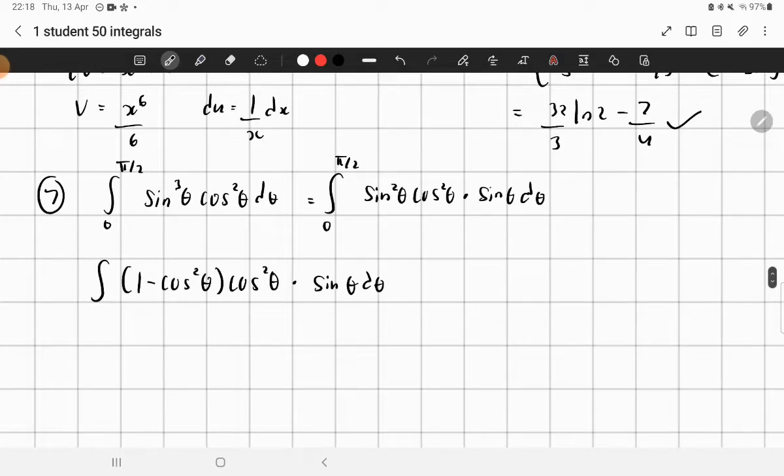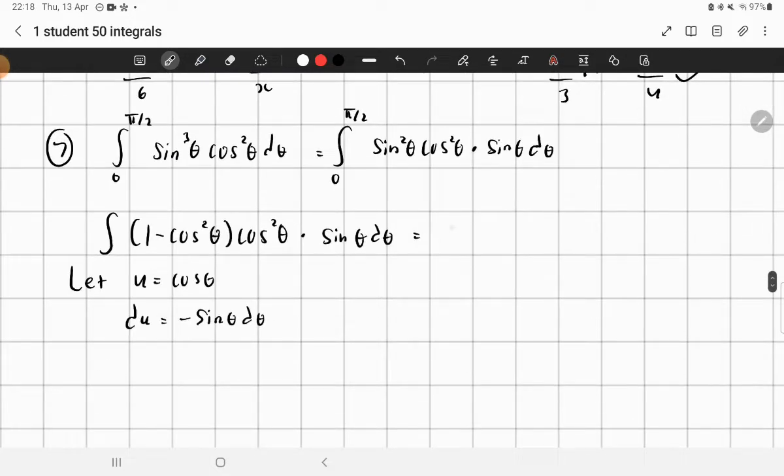The substitution will be, of course, cosine theta. So let u equal cosine theta. Taking the first derivative gives negative sine of theta d theta. So here we will have negative 1 minus u squared times u squared du.